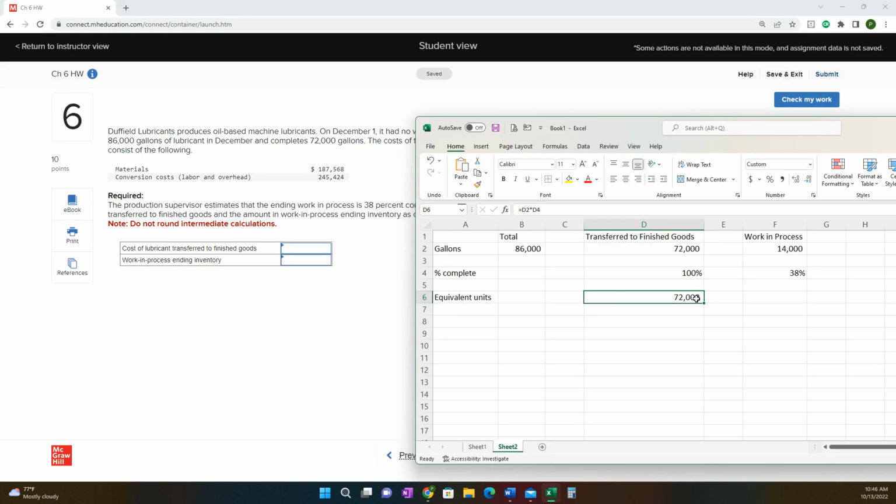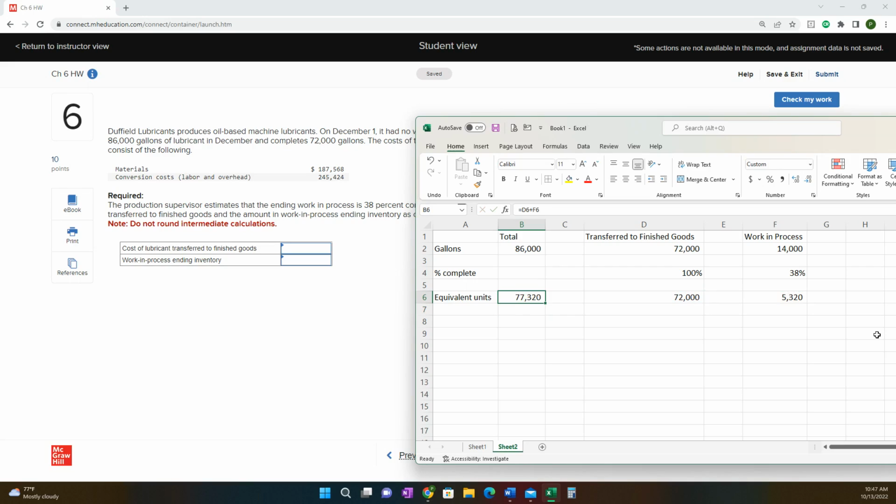They are 38% filled up. So if we were to consolidate all of that lubricant, we could completely fill another 5,320 containers. And so if we add the finished goods plus the equivalent number of completed gallons, we get a total number of equivalent units of 77,320 gallons.